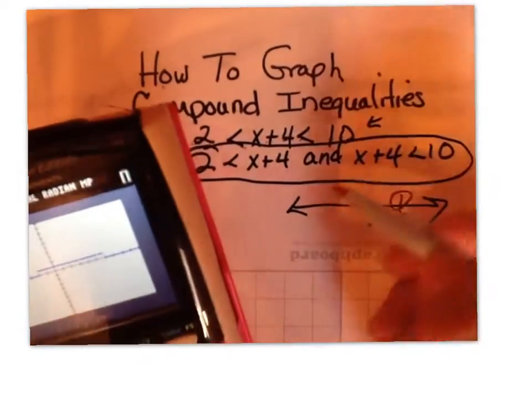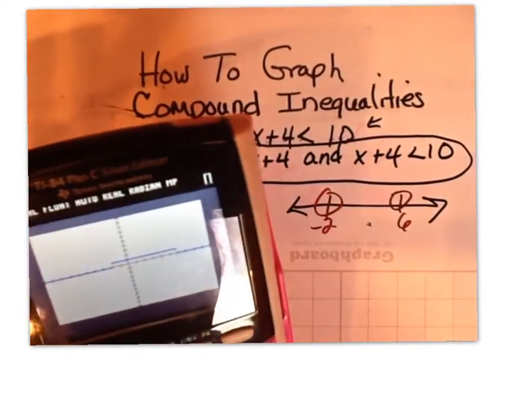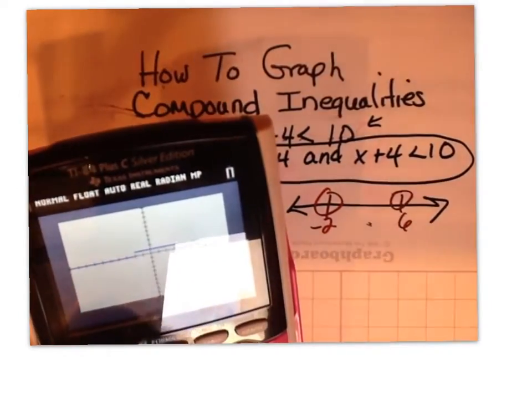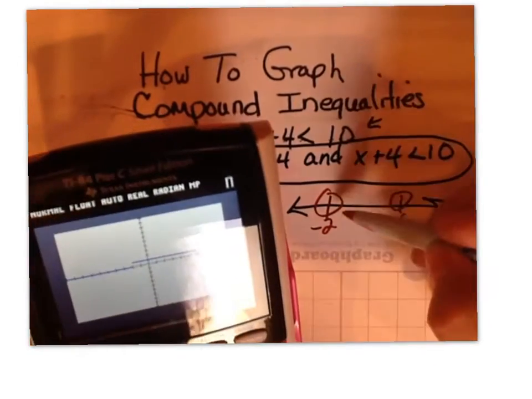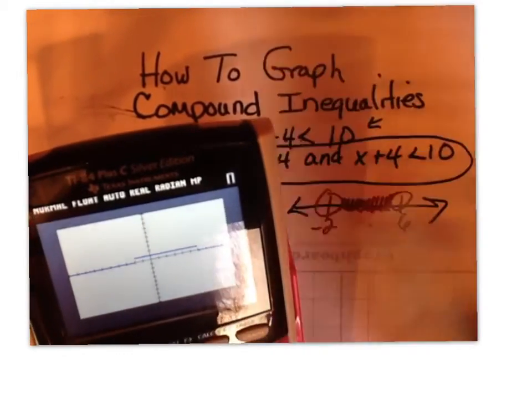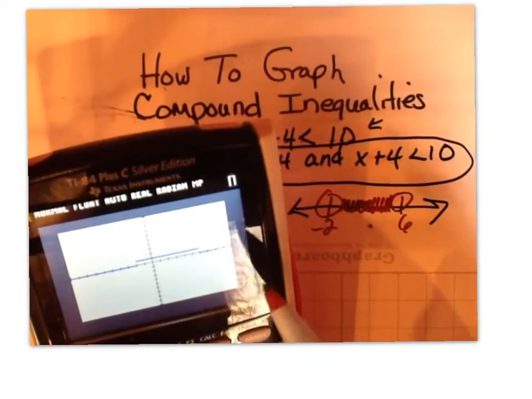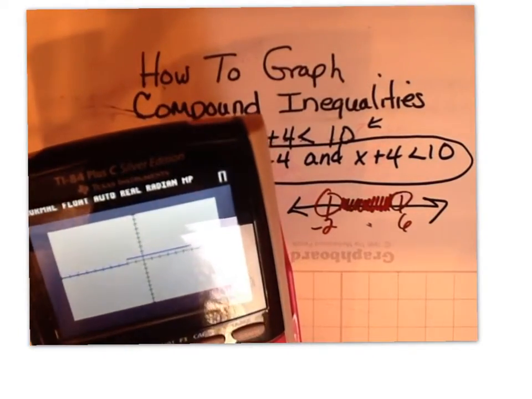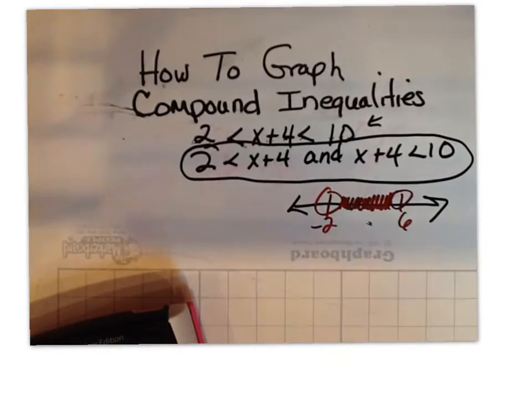And my other one, if I count over my tick marks, it's at -2 and open there also. Now I have that blue line in between those 2 points above the x-axis. So that's where I shade. In between those 2 numbers, that part above the x-axis right there, that's where my shading is, not the part on my x-axis. So that's how I use the calculator to graph a compound inequality.